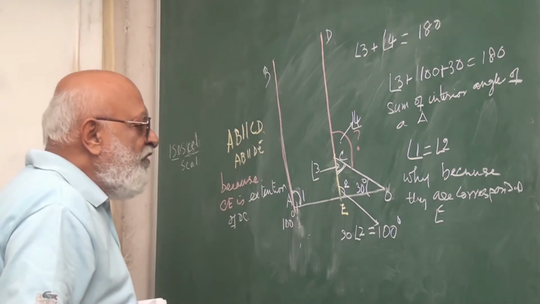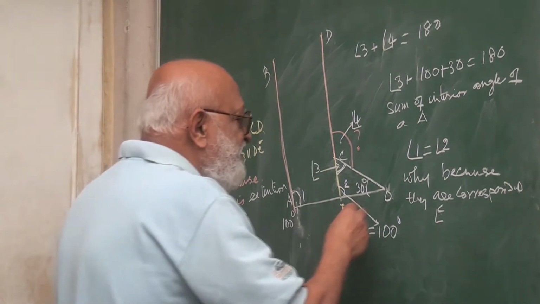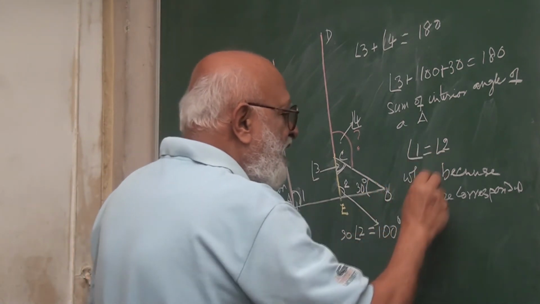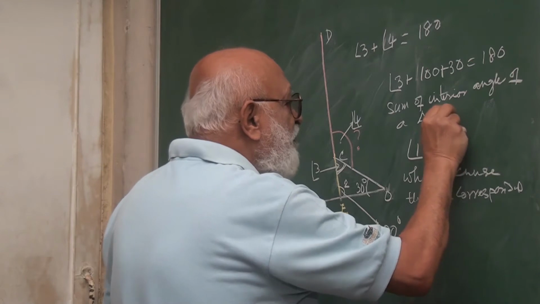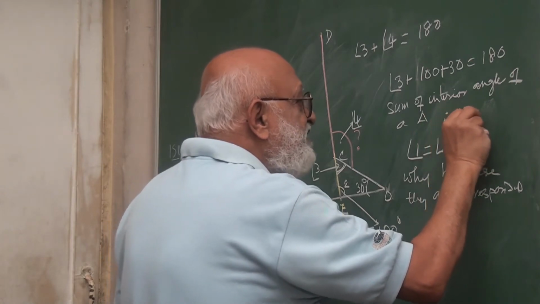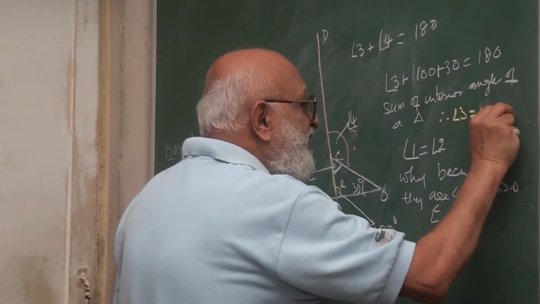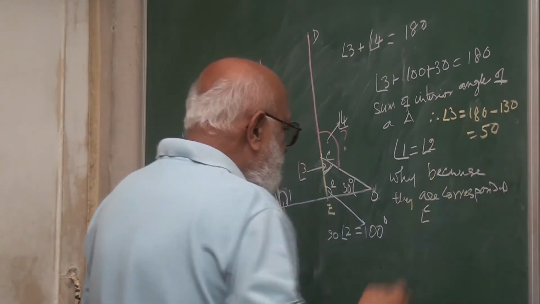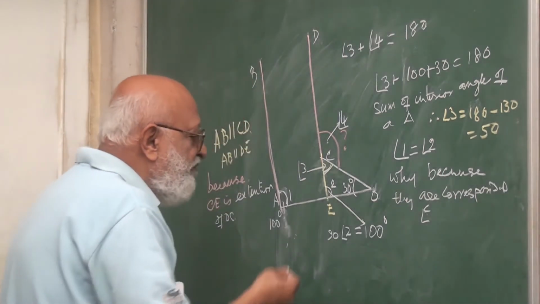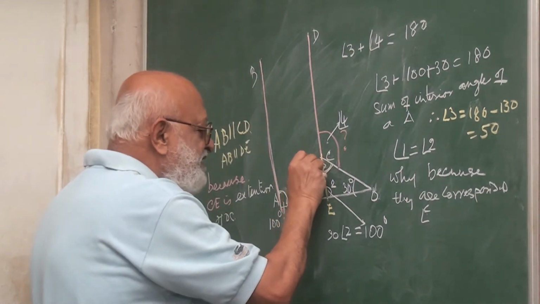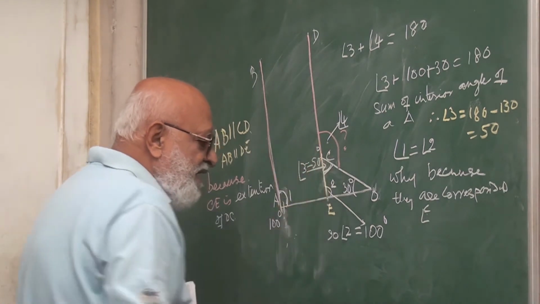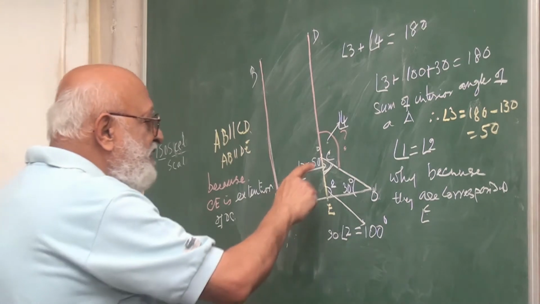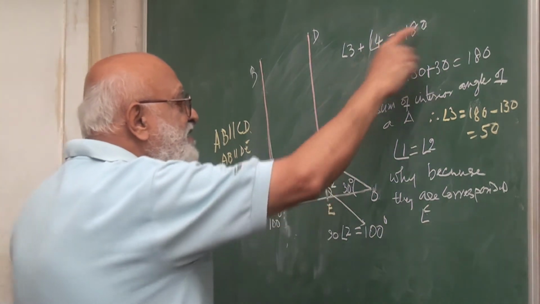So from there I get angle 3. Therefore angle 3 is equal to 180 minus 130, that is equal to 50. Now I have written somewhere angle 3 plus angle 4 is equal to 180.